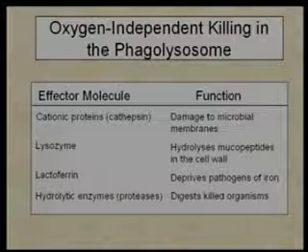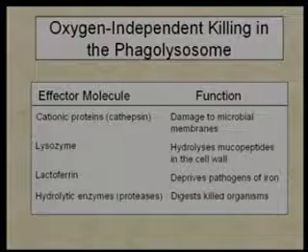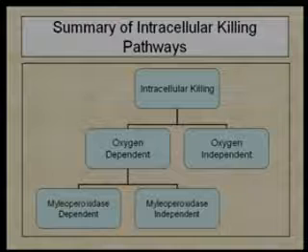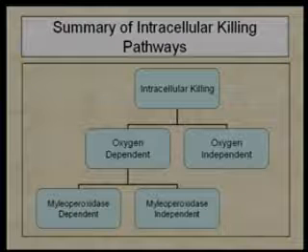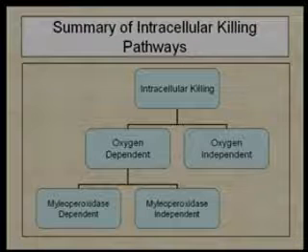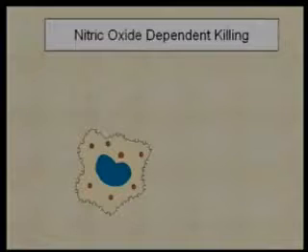And they can survive because we have this backup system, this oxygen-independent killing. So when you look at the intracellular killing, basically it's broken down into oxygen-dependent and oxygen-independent, and the dependent is further subdivided into whether or not it's dependent upon myeloperoxidase.